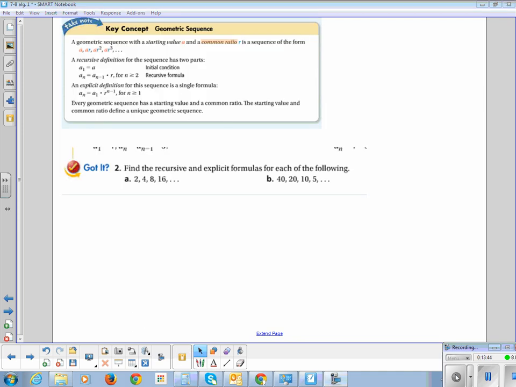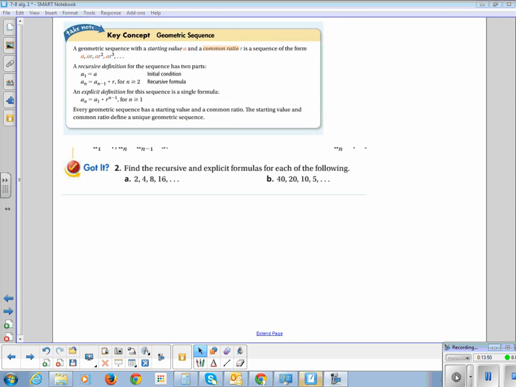All right, so we're going to write recursive and explicit formulas for these two. You don't have to rewrite this. I just pulled it over so it's on our same page, so we can have it as a reference. So we are going to do recursive first and explicit second.